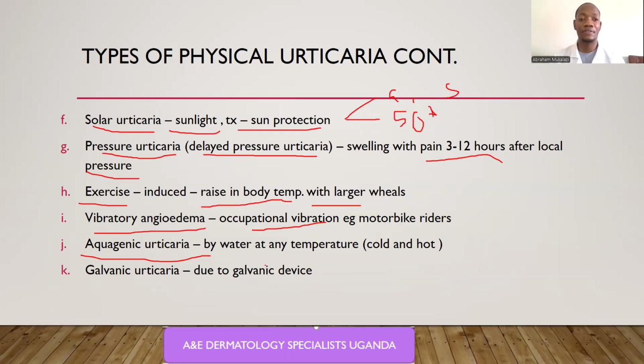Someone will tell you that if the water is cold, they get the reaction, the itching, but if the water is hot, they don't get the itching. That will be more of aquagenic pruritus. But with aquagenic urticaria, they will get these urticarial lesions that are not determined by the temperature of the water.